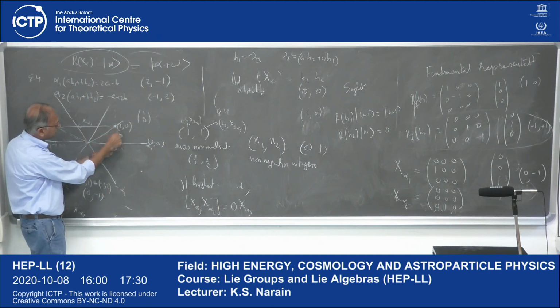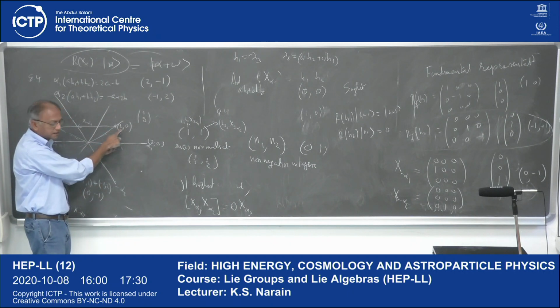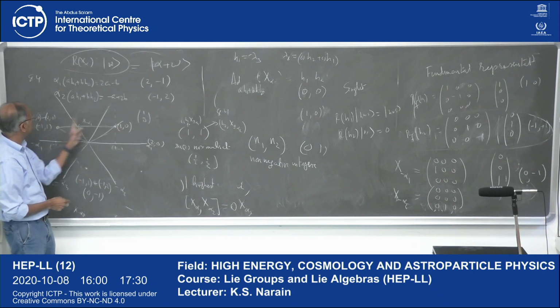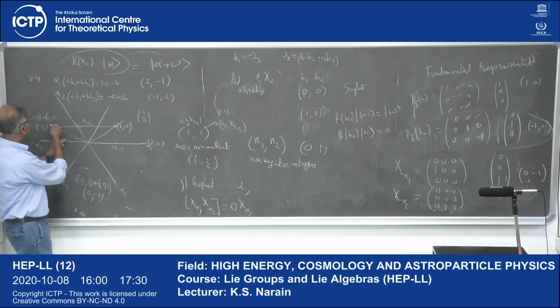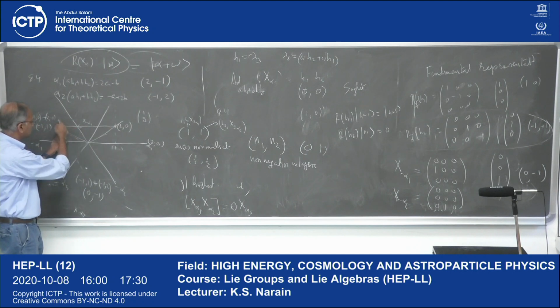So I will not get anything if I apply X minus alpha 2 here because it is a singlet. But I will get something when I apply X minus alpha 1 because it's a doublet. The state I get will have these quantum numbers. I cannot go further because it's a doublet. These are the two states.